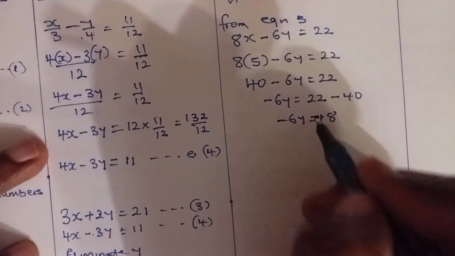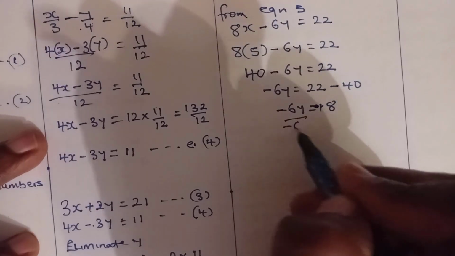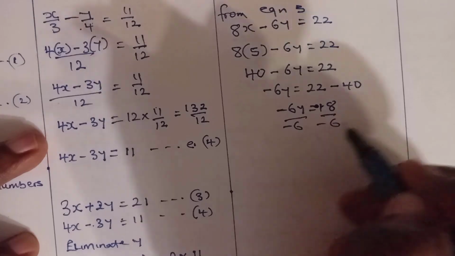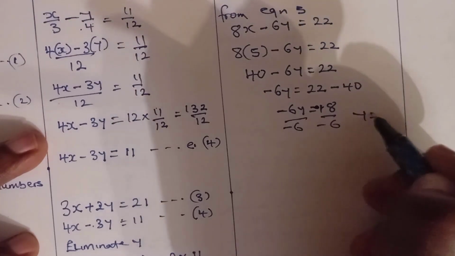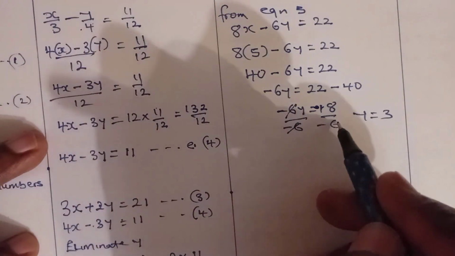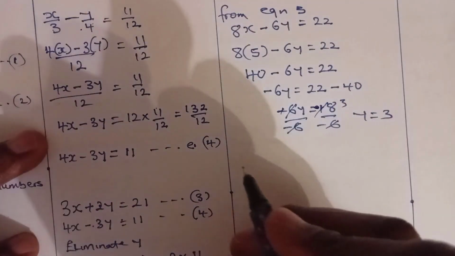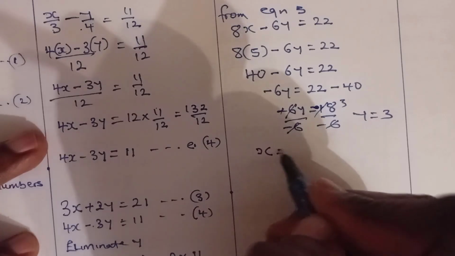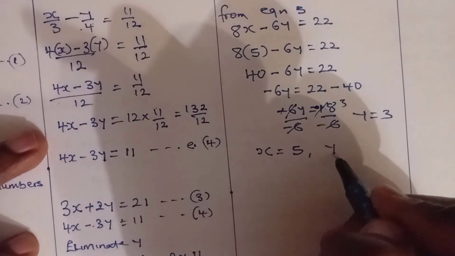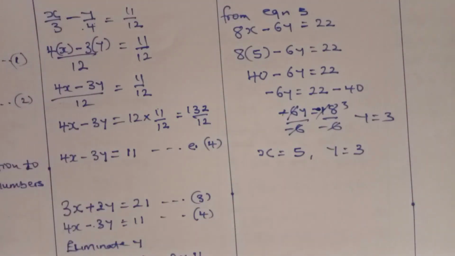Yeah, minus 18. So when we divide both sides by minus 6, we're going to have that y equals 3, because this will cancel this out, and it will become positive. So x is 5 and y is 3.